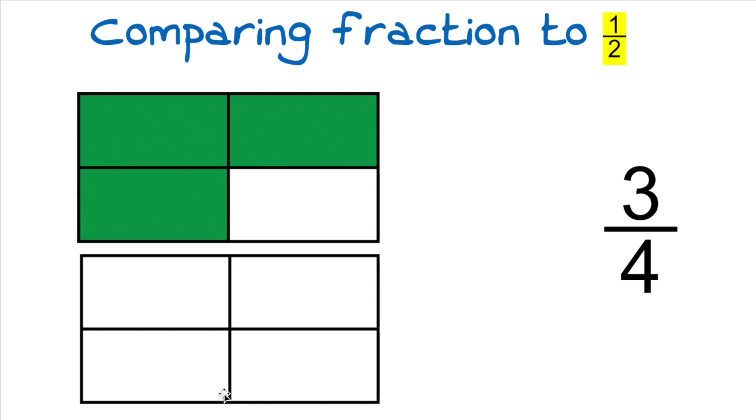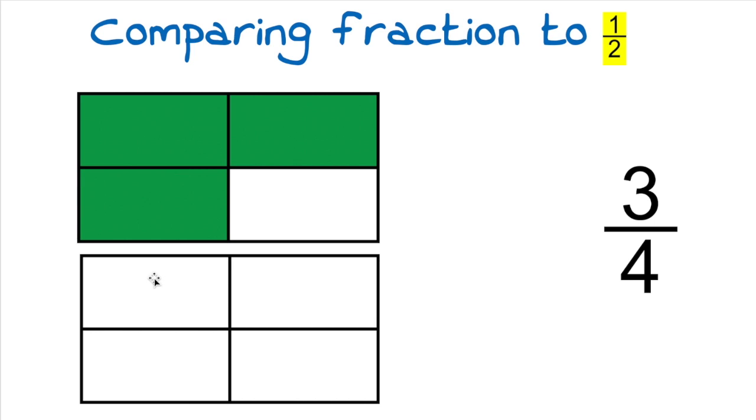If I just colored in half of this shape, how much would that be? And would it be bigger or less than 3/4? Well, what I need to do is think about this 4. This shape has 4 pieces, and I need to think, if I cut 4 in half, how many pieces would that be? What is half of 4?